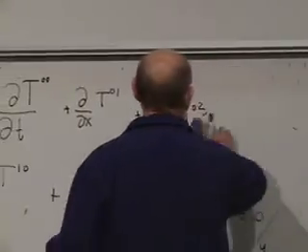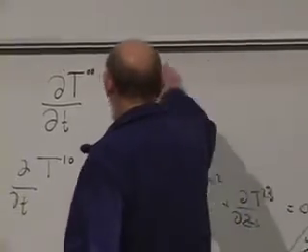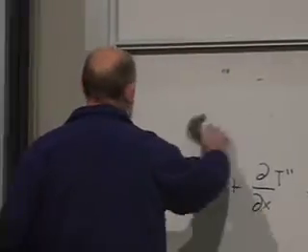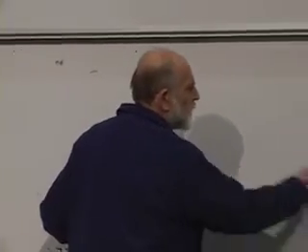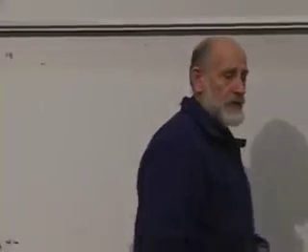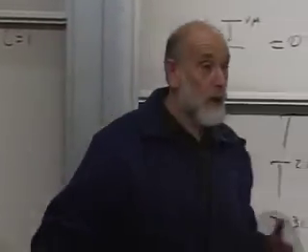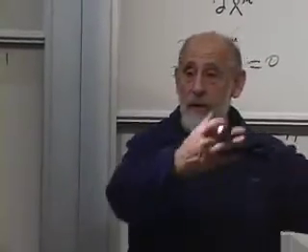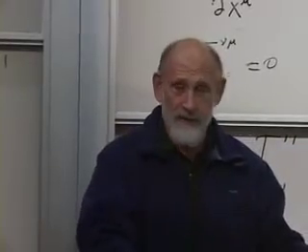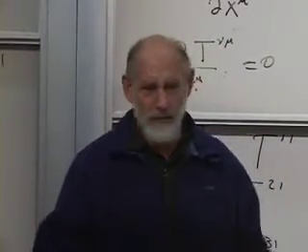Now, I've set up the basic ingredients for thinking about energy and momentum as the source of the gravitational field. All it will take is an equation which has on one side something to do with the geometry. What's it going to be? It's going to be the curvature tensor.